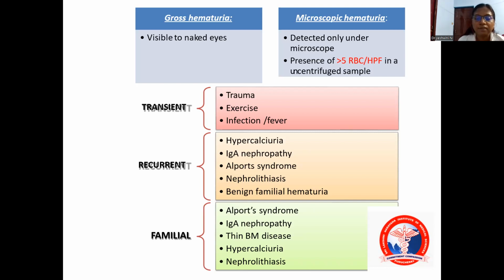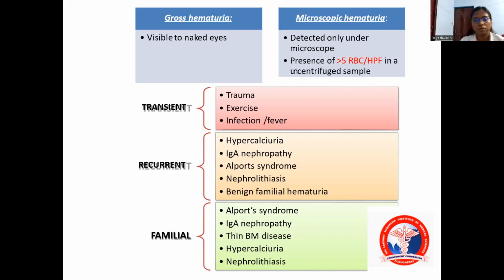This alpha 5 chain of type 4 collagen is also present in your cornea as well as your cochlea, leading to lenticonus as well as hearing loss. So you will have glomerulonephropathy, anterior lenticonus, and sensorineural hearing loss. Because of nephrolithiasis, you can also get recurrent hematuria or benign familial hematuria.